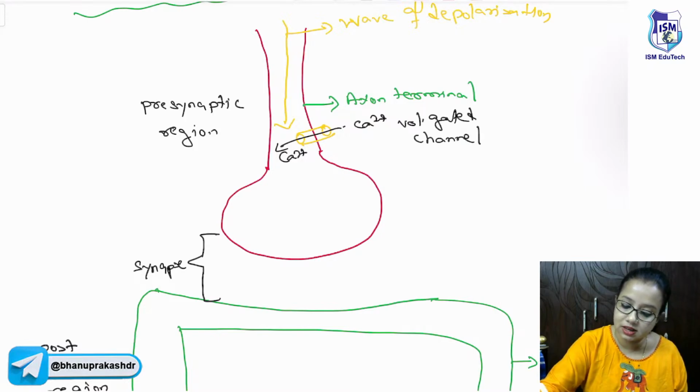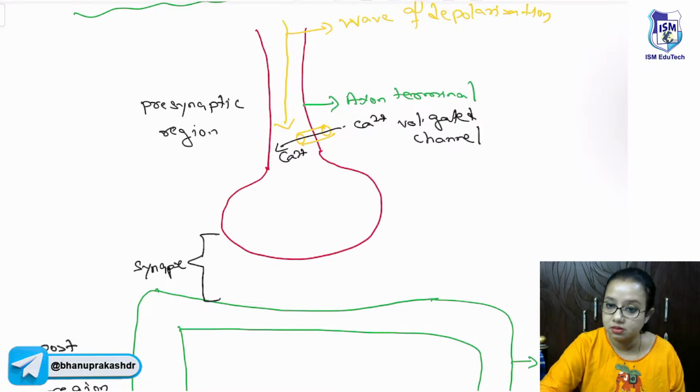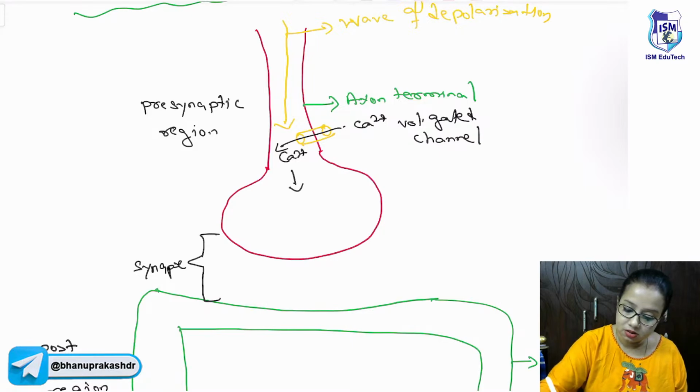Now, once this calcium comes in, what will it immediately do? It will form acetyl-CoA.